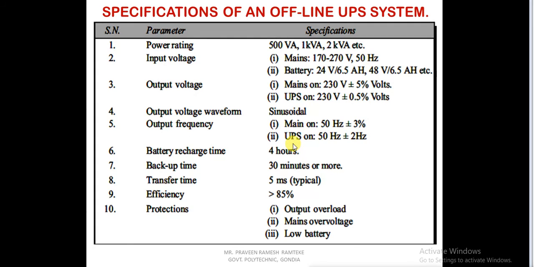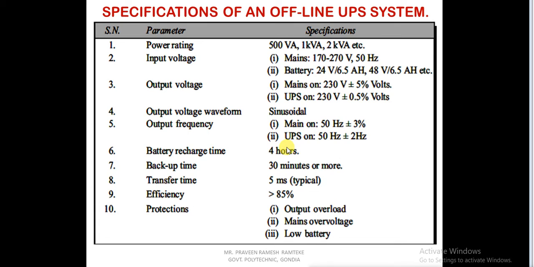So if the UPS is on, the output frequency has to be 50 Hz, and some tolerance of 2 Hz is sufficient. Then the battery charging time. It depends on the power rating of the UPS.